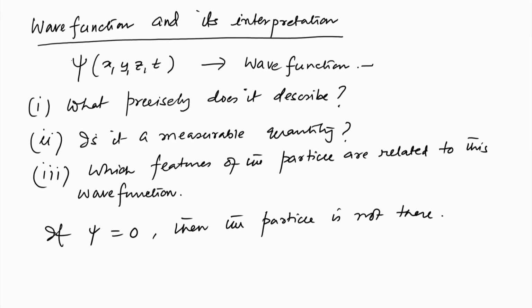But if it has to be directly the measure of finding a particle at a given space-time point x, y, z and t, then this quantity should always be positive and real. Now, there is no problem with that, this quantity can always be positive and real, but we know that this quantity is complex, because if it is not complex, then we cannot explain the interference properties that we have seen in the Young's double slit experiment.